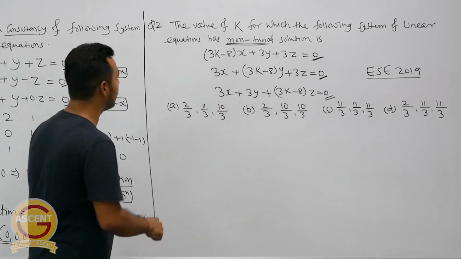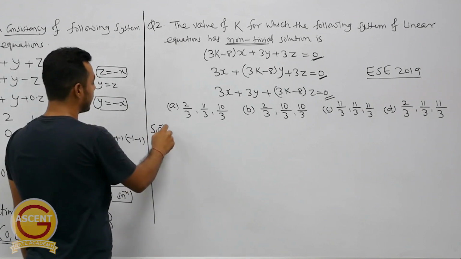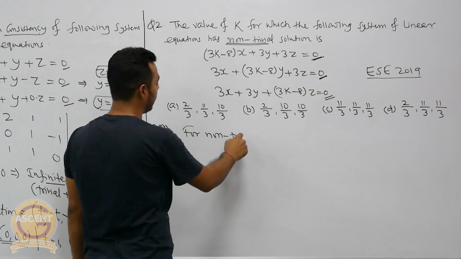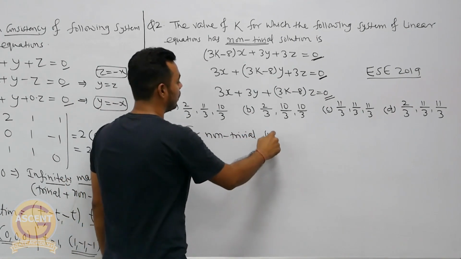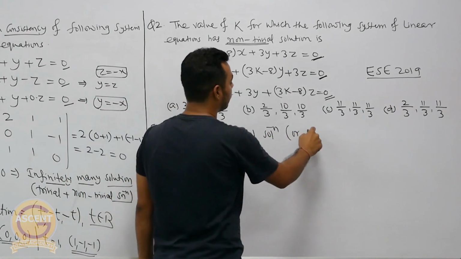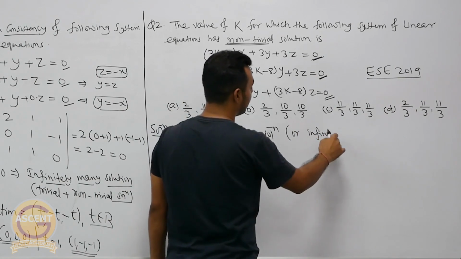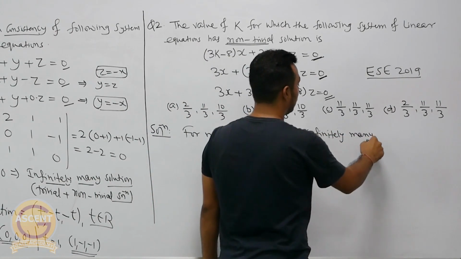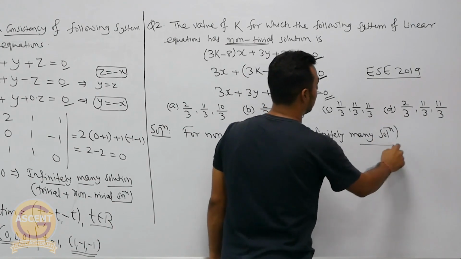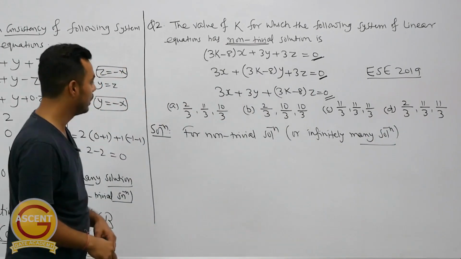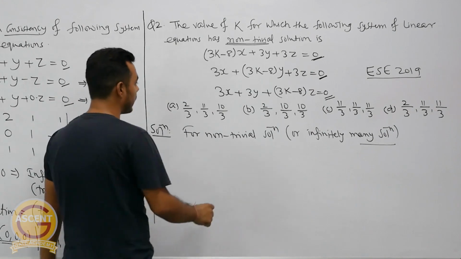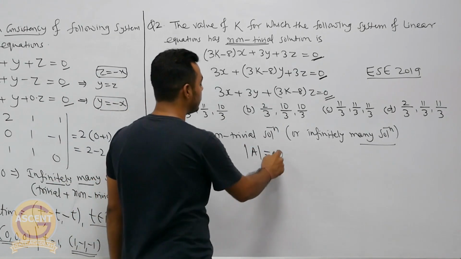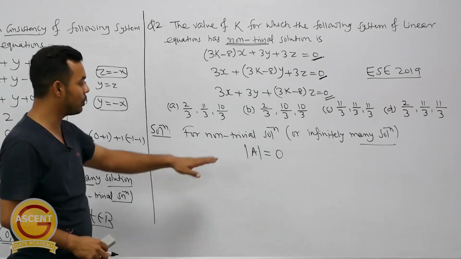Four options are given. So we have just learned that the condition for a non-trivial solution, or infinitely many solutions, these two are the same thing. When you have infinitely many solutions, you will have trivial plus non-trivial solutions. So for a non-trivial solution, the condition is that the determinant of the coefficient matrix has to be 0. Only then will you have a non-trivial solution.